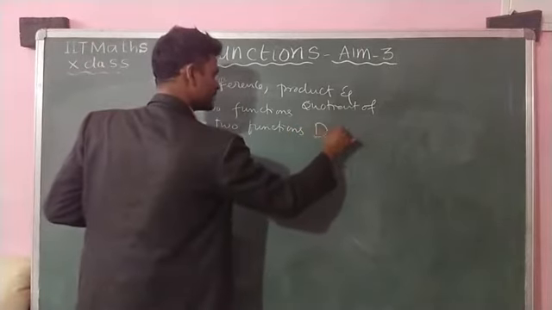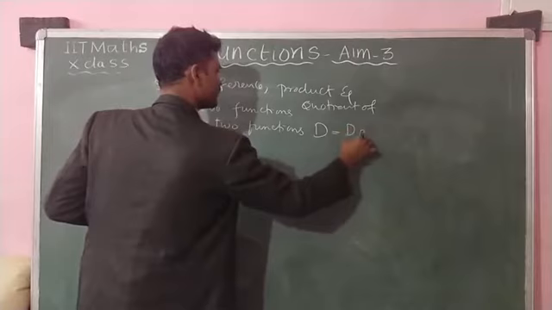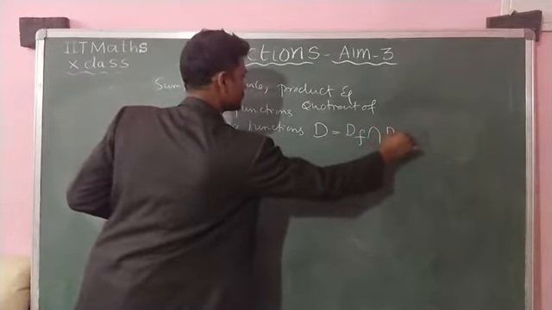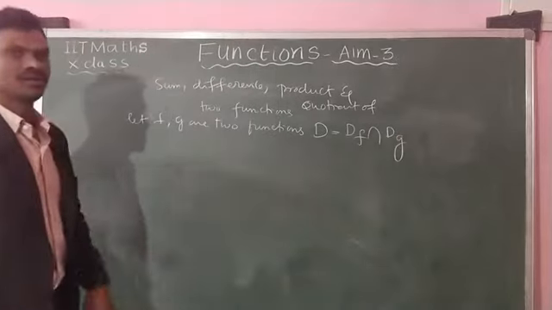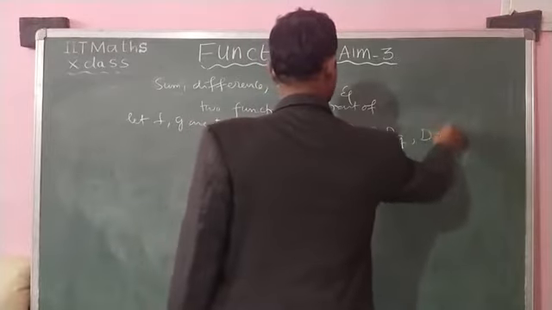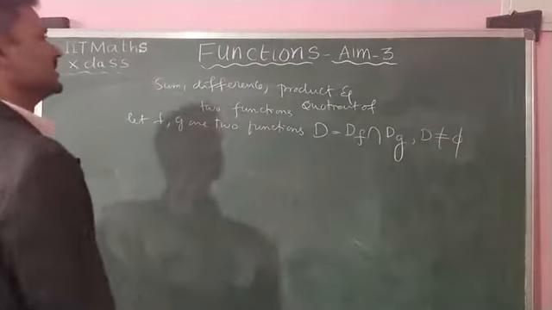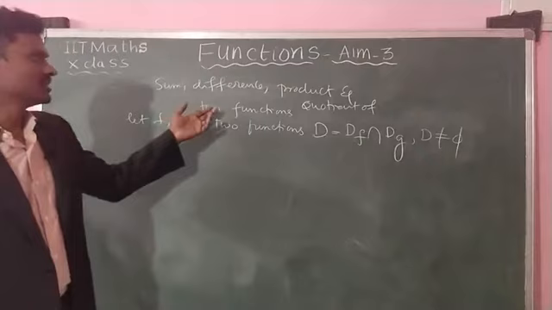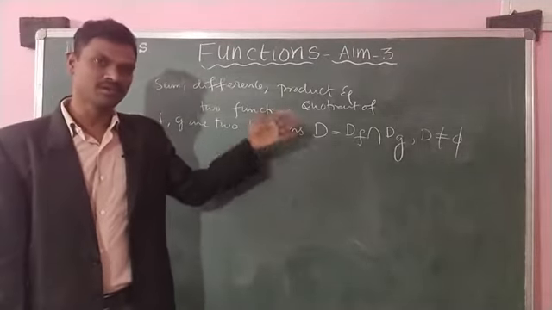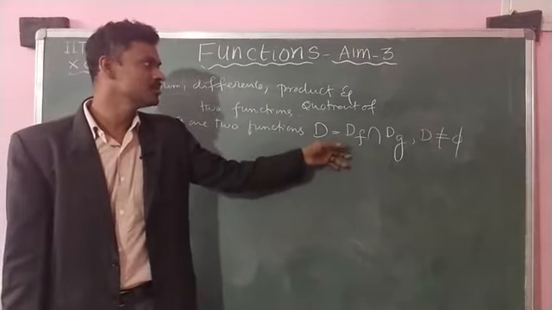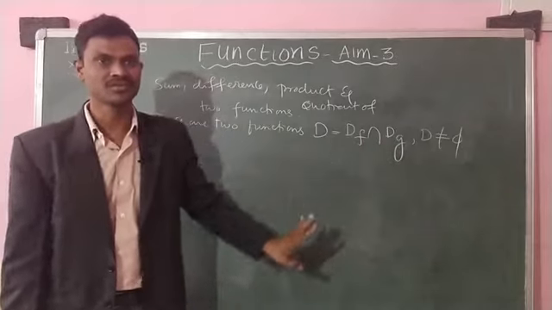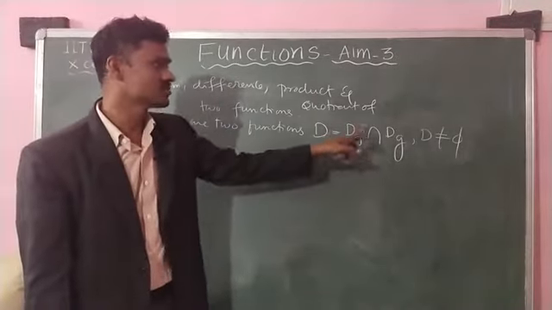Then their domain is equal to the domain of the first function and the domain of the second function, where D is not equal to 5. See here, you have to take two functions, F and G, and their common domain is equal to the intersection of the first function's domain and the second function's domain, but here D is not equal to 5.